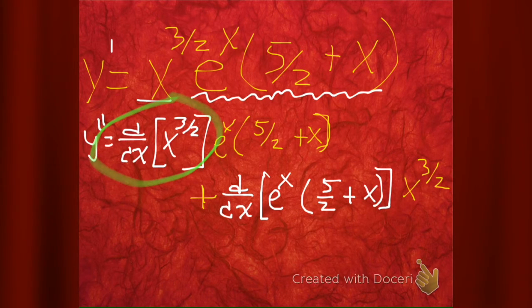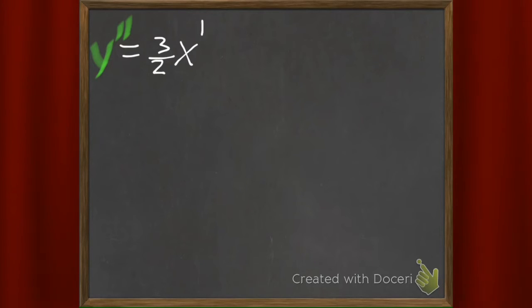What's the derivative of x to the 3 halves? 3 halves x to the 1 half. Okay. That's y double prime. 3 halves x to the 1 half. That was the derivative of the first.